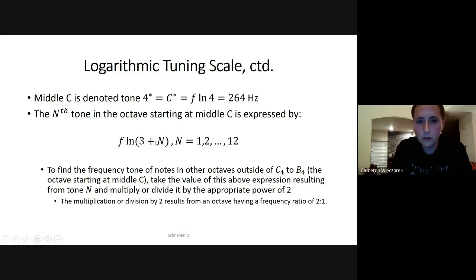If you want to go higher than that C4 to B4 octave, you're going to have to multiply by powers of 2 based on how many octaves you go up. If you want to go lower, you're going to divide by 2 a certain number of times, depending on how many octaves you're going down from that tone.